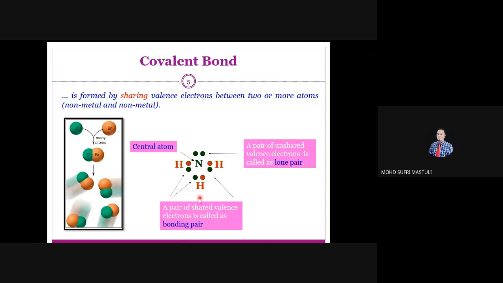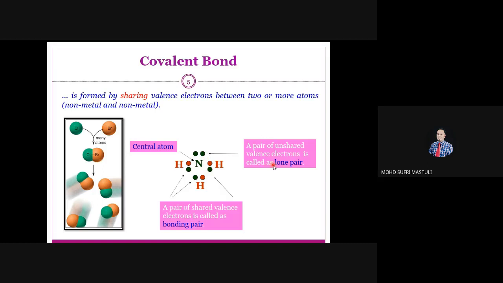So in this ammonia, this is the first bonding pair, the second bonding pair, and the third bonding pair. Ammonia has three bonding pairs, which is 6 valence electrons. What is a lone pair? A lone pair is a pair of unshared valence electrons, or a pair of valence electrons not involved in bonding.